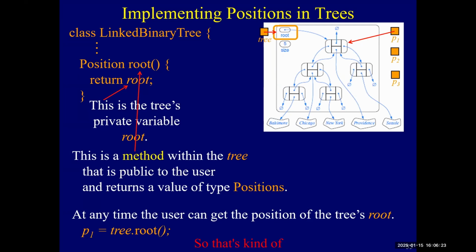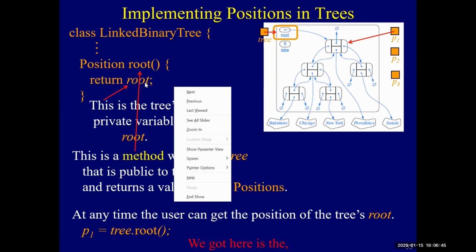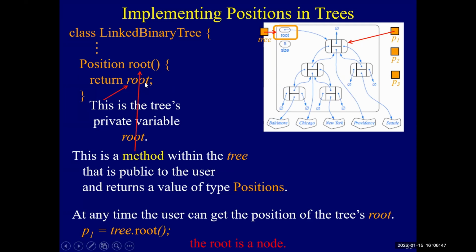That's kind of what we're doing here. An integer is a real number, but a real number isn't an integer, right? So here, the root is a node. A node is a position, so you can return it like that.